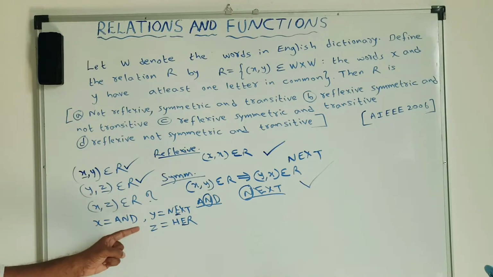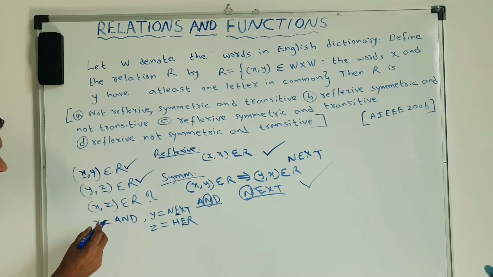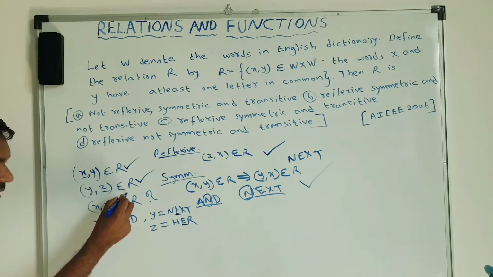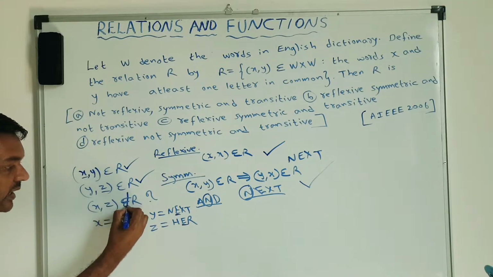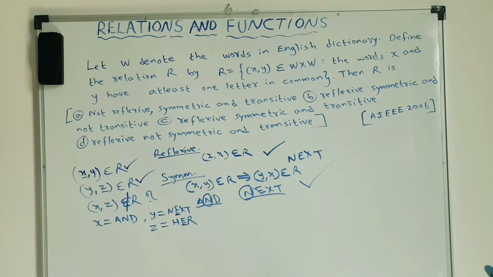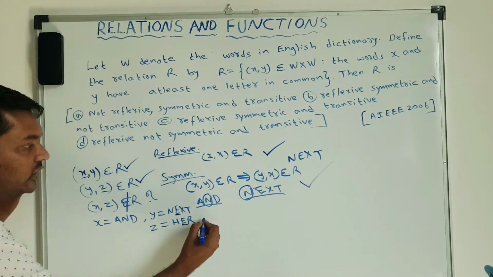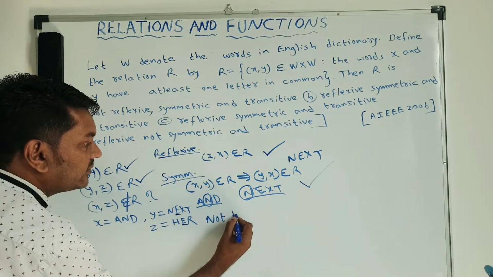I am checking AND and HERE. They have no letter in common. So (X, Z) belonging to R is wrong. (X, Z) is not an element of R. Therefore, it is not a transitive relation.